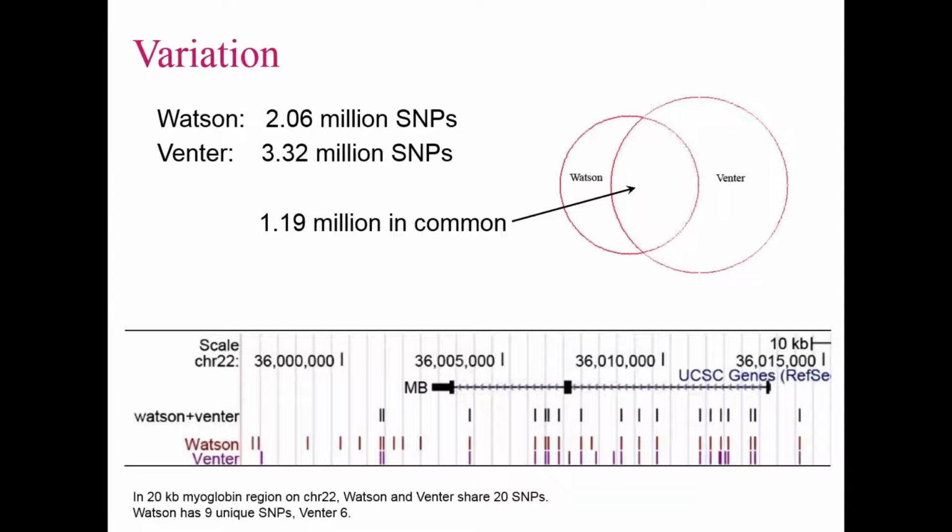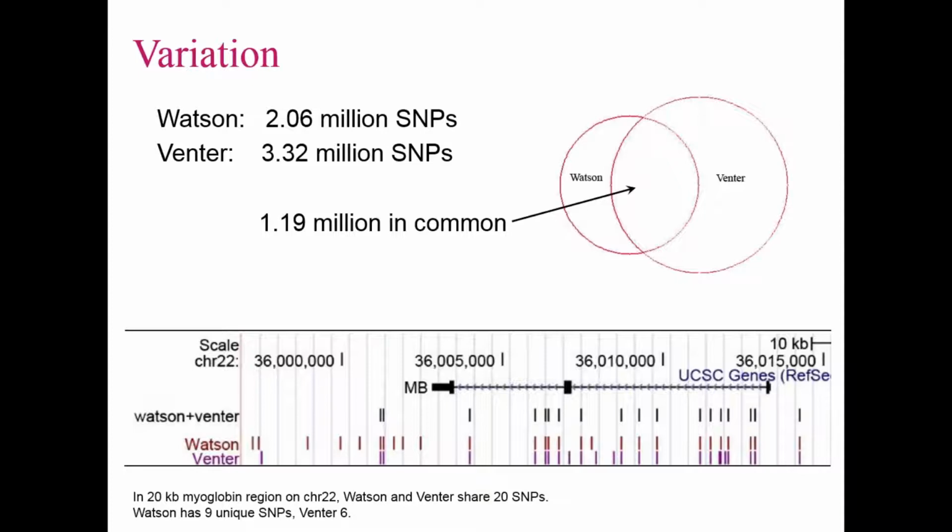As an example for why and how the browser is useful, human variation is a good one, because it's the subject of a lot of research these days. The particular variation I'm showing here is James Watson and Craig Venter, who are two of the individuals to put their genomes on the web earlier than almost anyone else. Watson and Venter have 2 and 3 million variants, respectively, relative to the reference assembly.